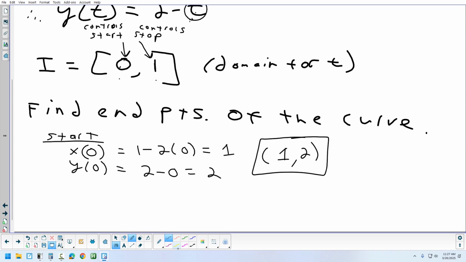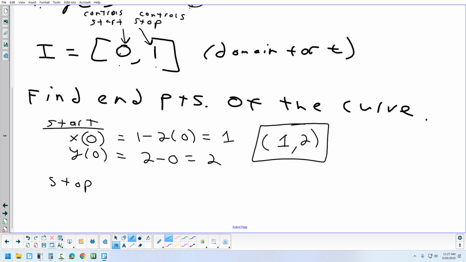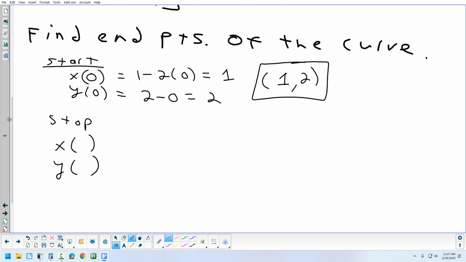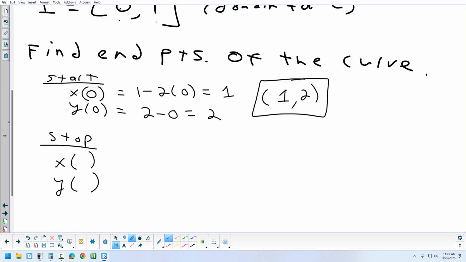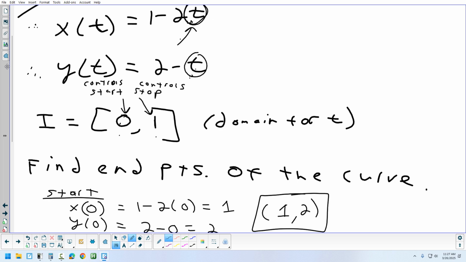All right, and when it's done, where will it stop? Okay, so to find where it stops, I'm going to plug a number into x, and that same number I'm going to plug into y. What number do I plug in to find where it stops? 1. Okay, so plug 1 in for t. You're going to get 1 minus 2 times 1.